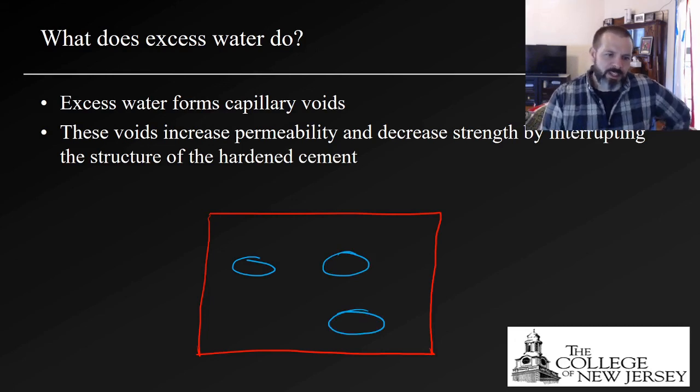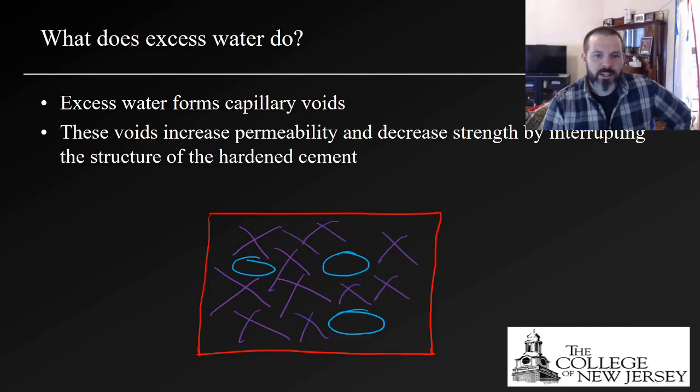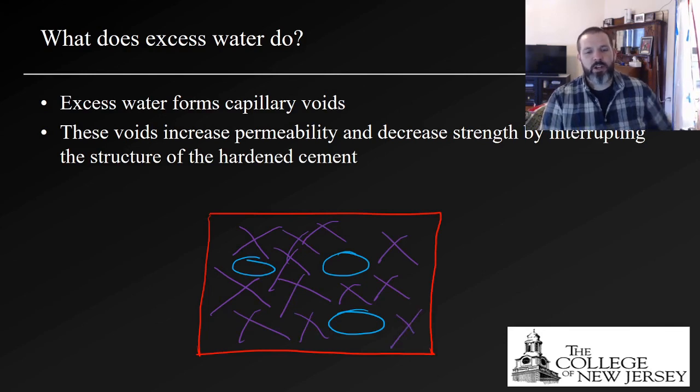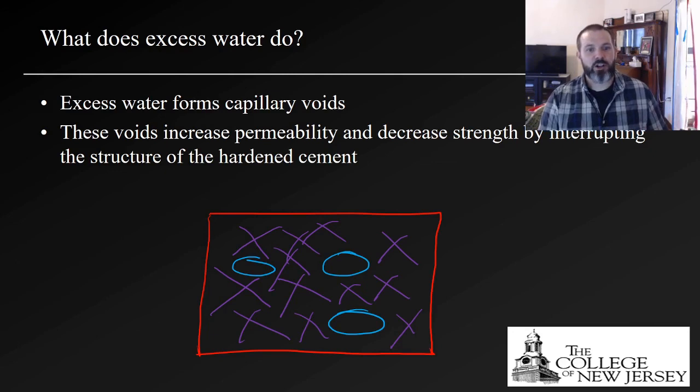The problem with these excess water droplets is that the hydrate structure cannot grow through these excess water droplets. So what these water droplets end up being are large voids in our final concrete, which interrupt the hydrate skeleton. This ultimately weakens our concrete.